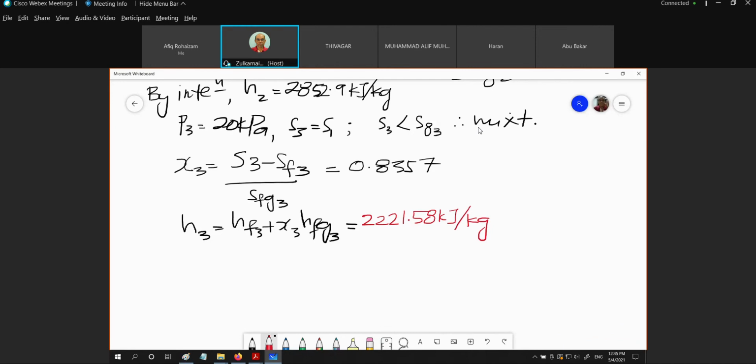Next, after 3, H4, which is equal to HF at 20 kPa, equal to 251.42.